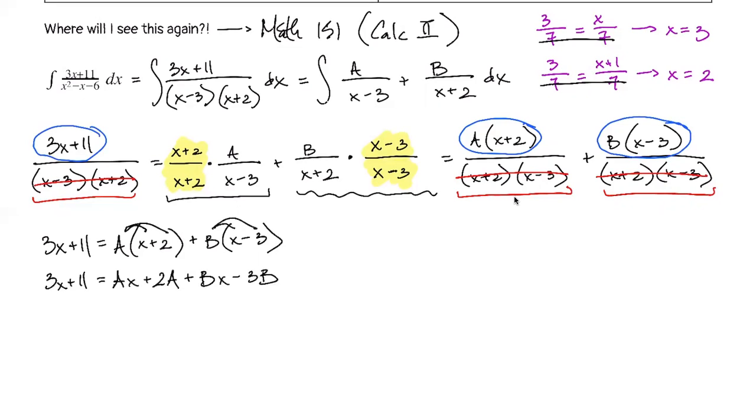Let's check this out. I'm going to collect all the terms that have an x: 3x equals Ax plus Bx.